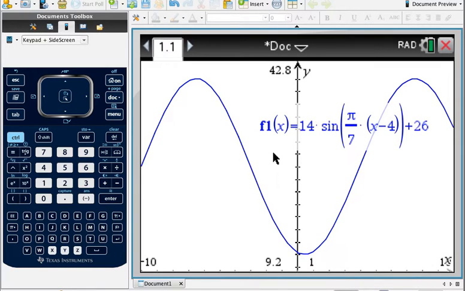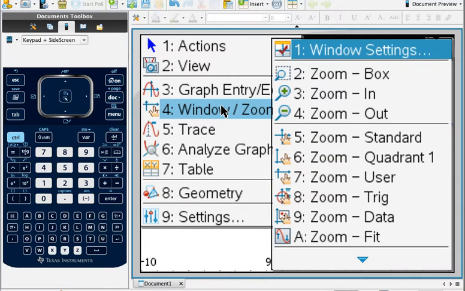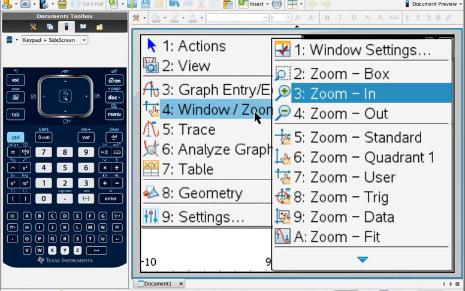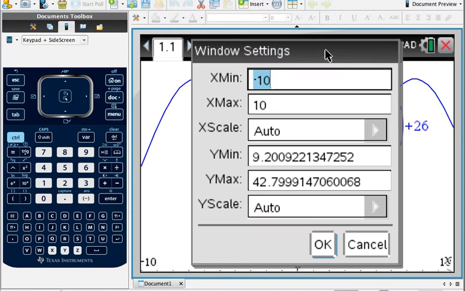Okay, so let's go ahead. Now that I have this picture, I can go ahead and tweak my window settings to fit a little bit better. So go to menu, windows, and then window settings. I don't care about the negative side, so I'm just going to start at -1. And let's go to 24 hours. A scale of 1, or you really could do a scale of 2 if you wanted to.